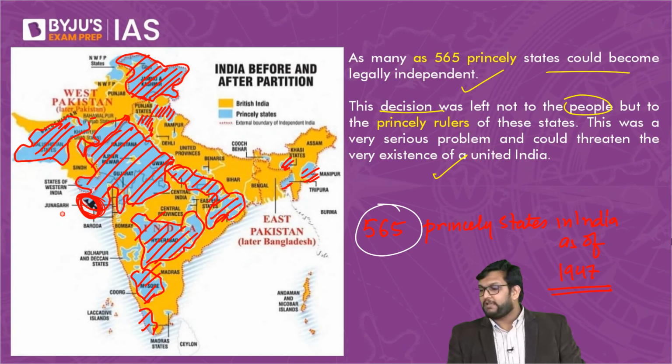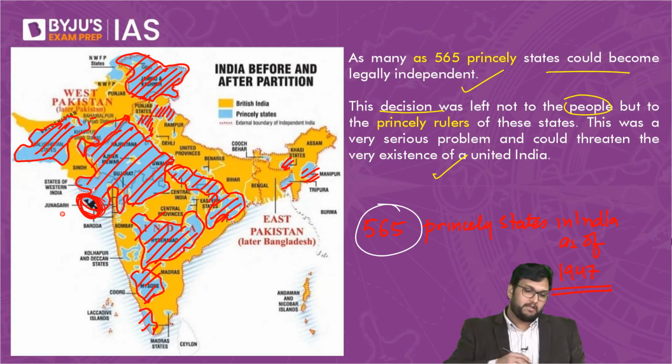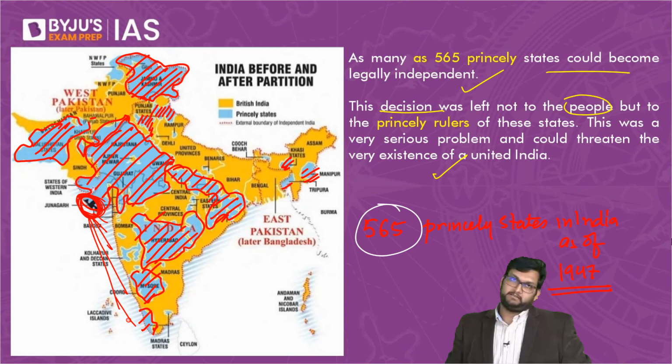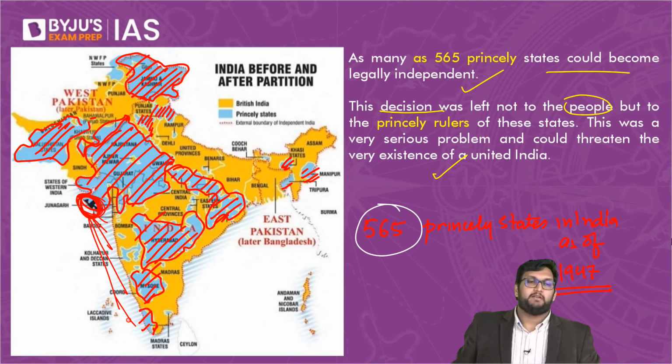So, if Junagarh becomes independent or becomes a part of Pakistan, then the whole coastline of India, the western coast itself, is now threatened. Because India cannot have any trade with Junagarh being a country which is oversighting or looking towards each and every important port of India. So Junagarh was a serious issue.